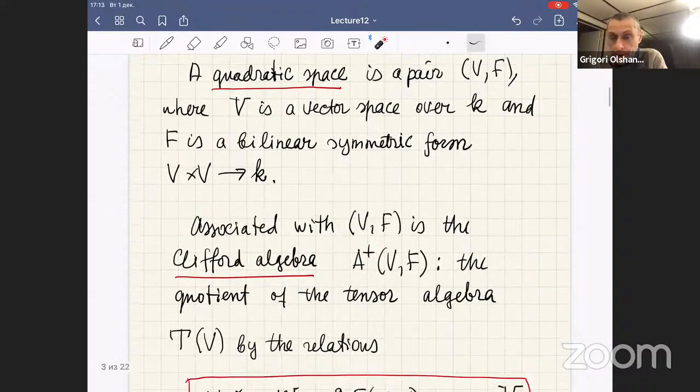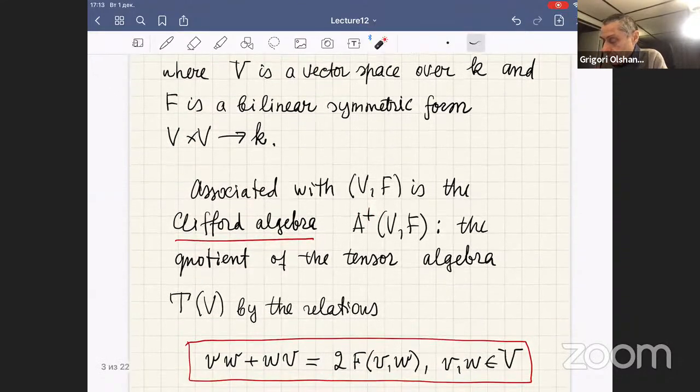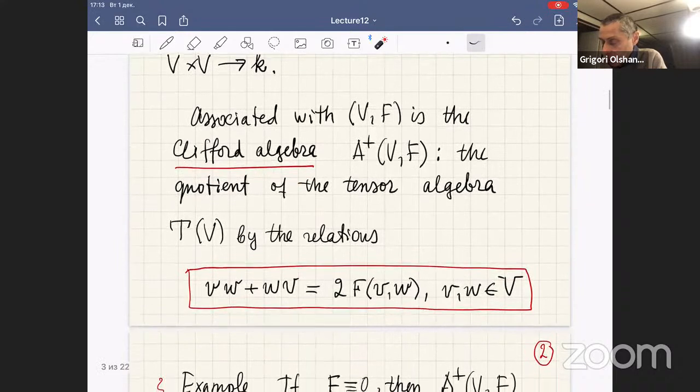It is defined as follows. Take the tensor algebra over our space V and take its quotient.